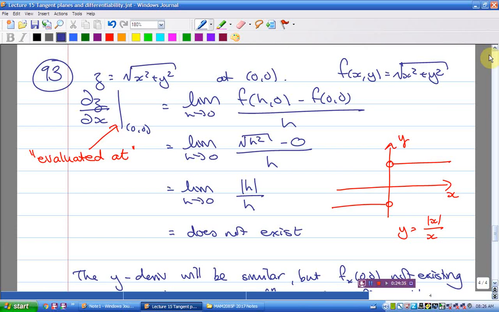They might give you the right answer, but they might not. But first principles never lies. First principles will always tell you the truth. But differentiation rules could lie to you if your function's not differentiable. So as soon as you don't know, you have to do first principles. You have to. Question?